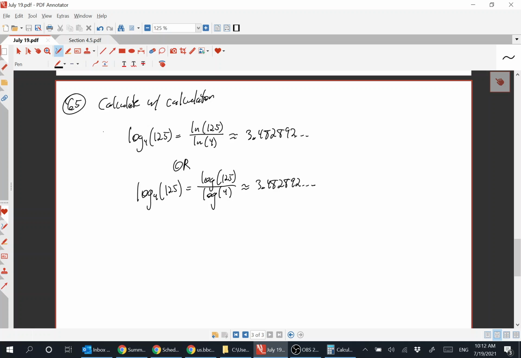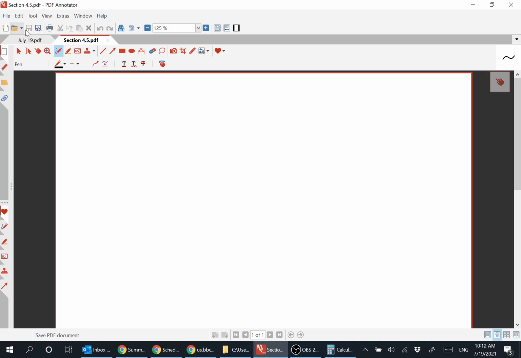All right. So that's all that we really need to cover in section 4.4. Where these tools that we've looked at for logs and exponential functions start to become useful is in this section 4.5, and we can actually start doing some interesting problems dealing with logs and exponential functions.